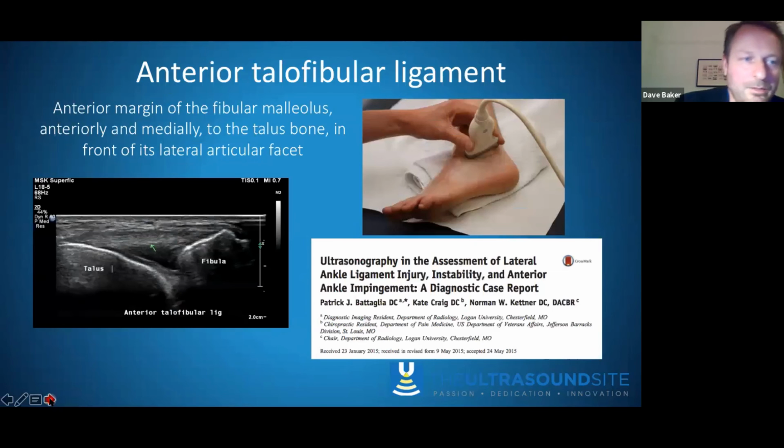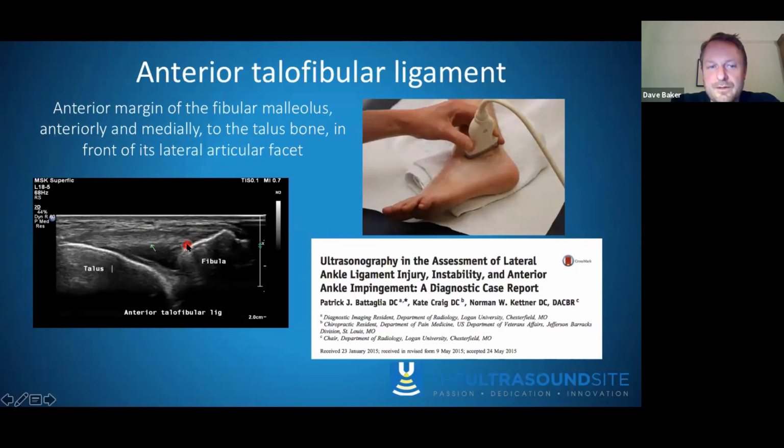Certainly an area of ligaments that really lends itself to ultrasound is the ligaments around the ankle. We see lots and lots in clinical practice of lateral ligament injuries. So here we're looking at the anterior talofibular ligament. Also really important to assess high ankle sprains, so the anterior inferior tib-fib ligament.